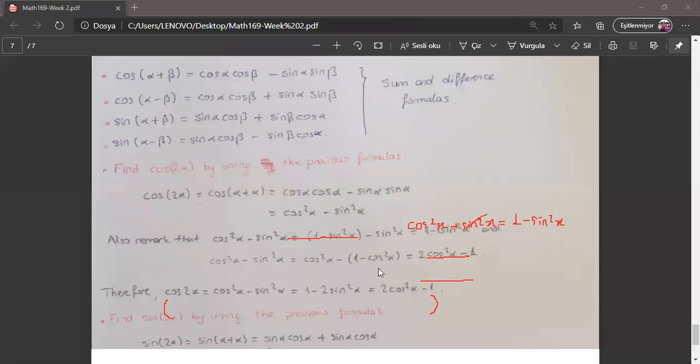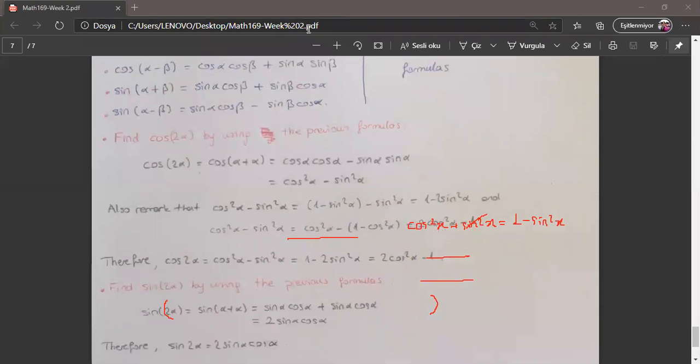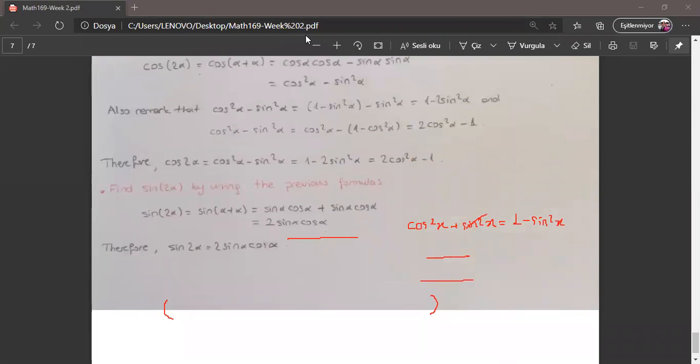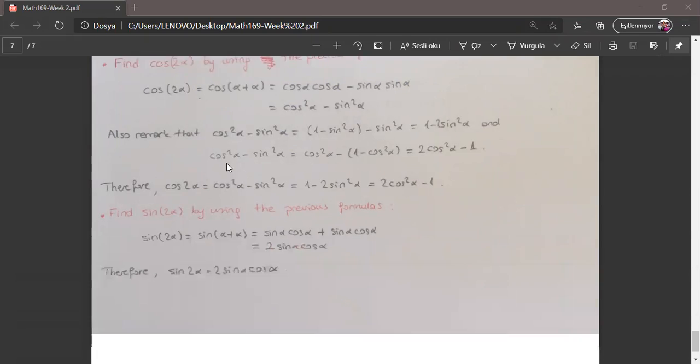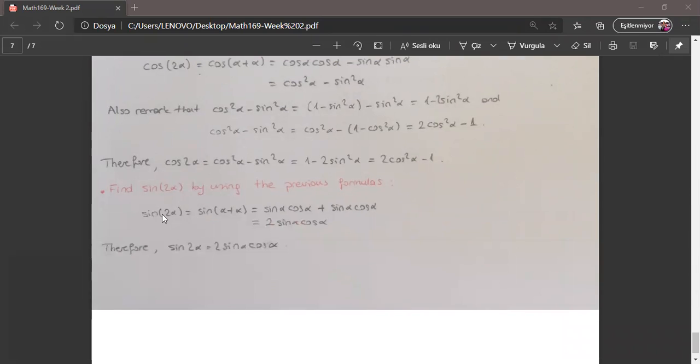And for sinus, we know sinus 2 alpha is equal to this one by again this formula. Sinus alpha plus beta is equal to that. So you just put alpha instead of beta. So you get sinus 2 alpha equals sinus alpha cosine alpha plus sinus alpha cosine alpha.